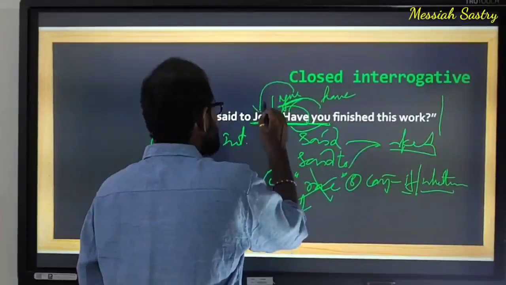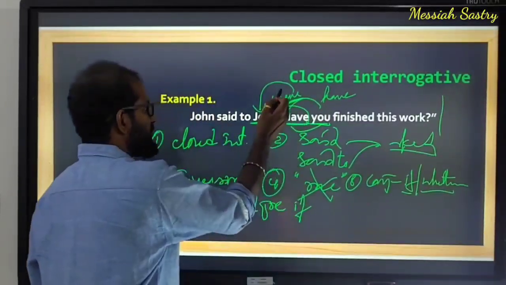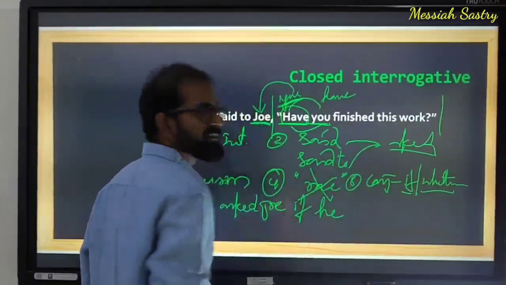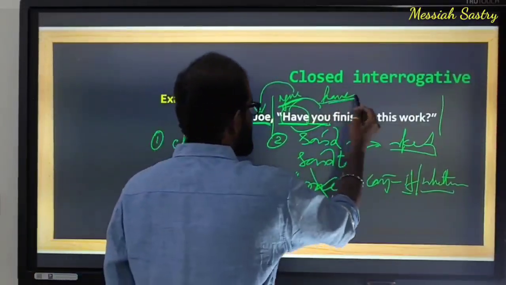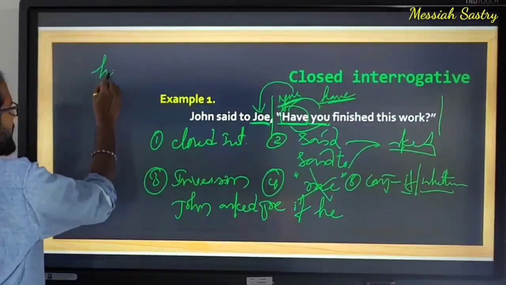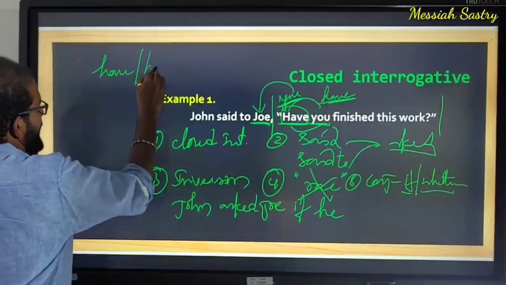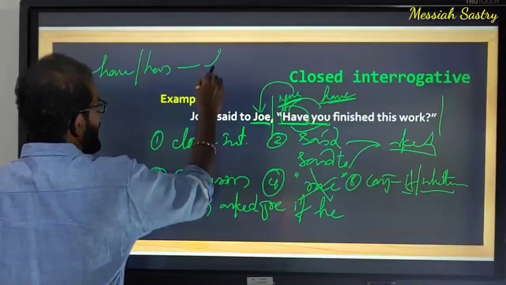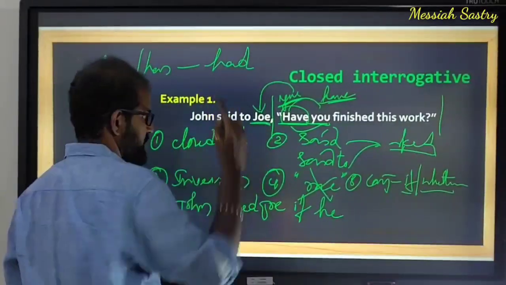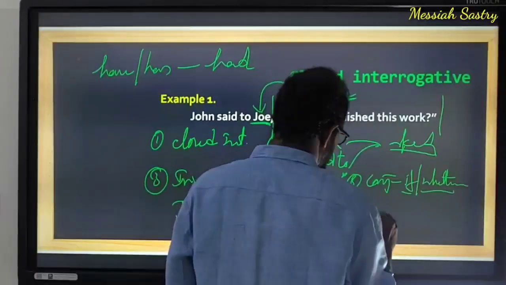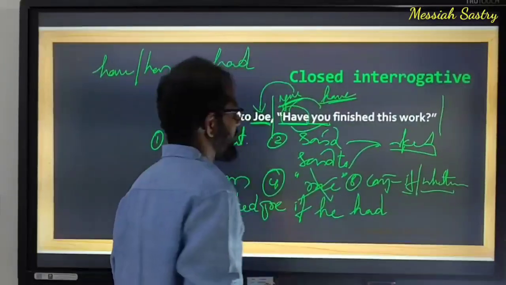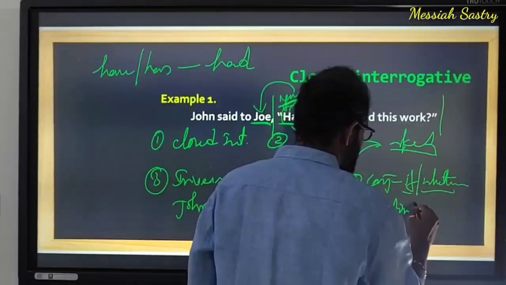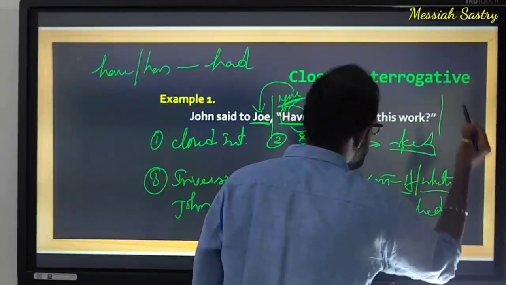You refers to the listener, and that listener is Joe. Joe is a he, so we write he. Have or has, with the change of tense, changes to had. So write had. He had, if he had finished.